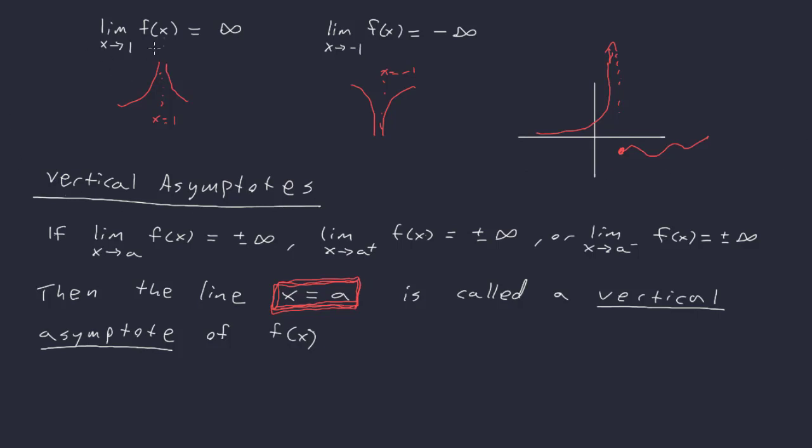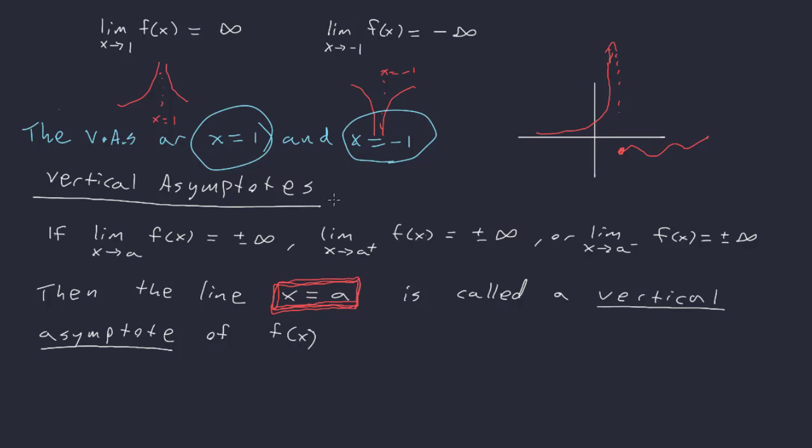So in this case, for these two, the vertical asymptotes, and I tend to put just VAs, are x equals 1 and x equals -1. It's not just the numbers, it's the lines, because what it's telling you is the lines that these functions are getting closer and closer to.